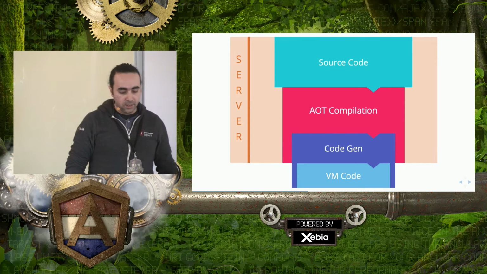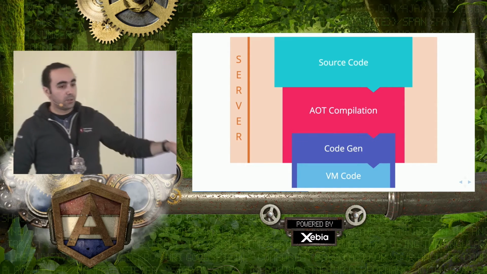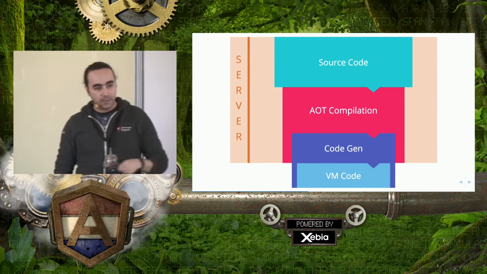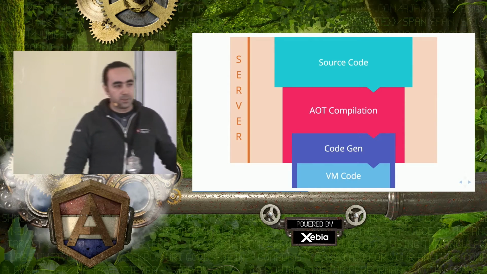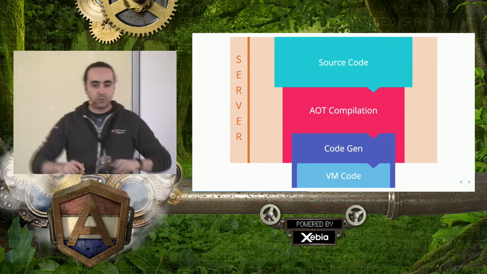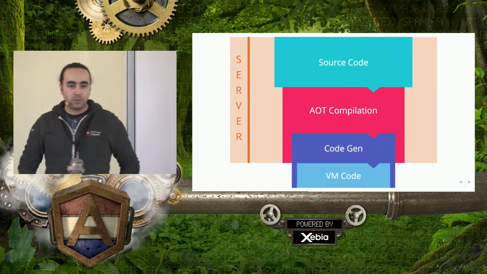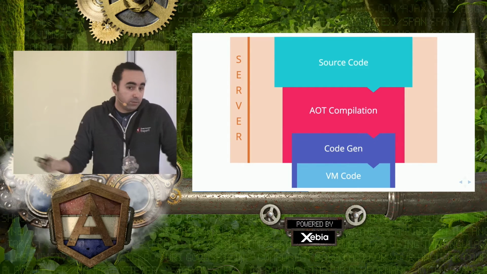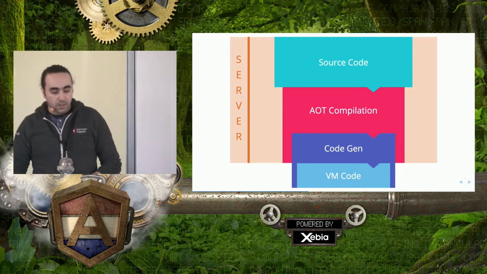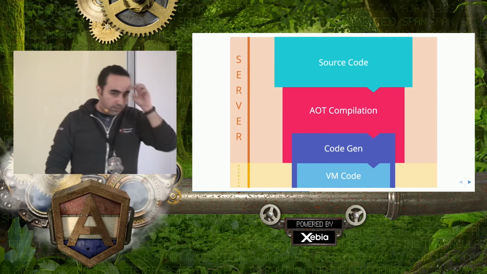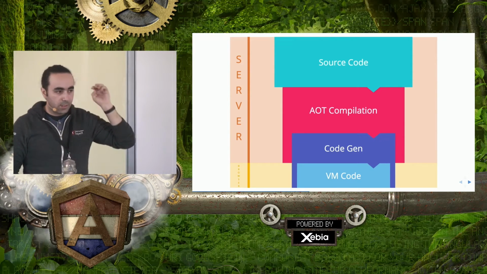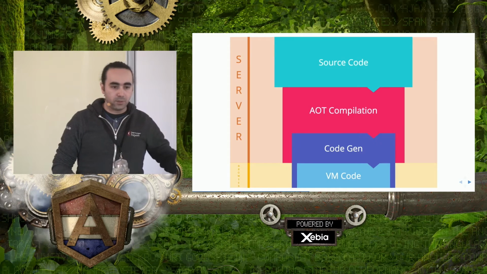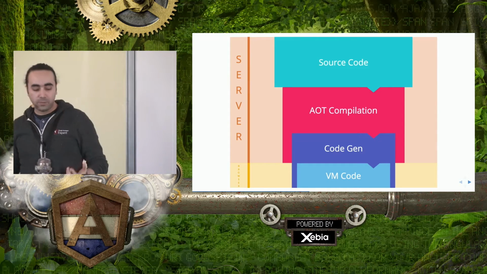But the difference here is all the first steps are happening on the server during build time. This means that you take your application and you compile it during the build time, usually. And then you just have, let's say, one JavaScript file that you send to the browser, which gets executed by the browser.